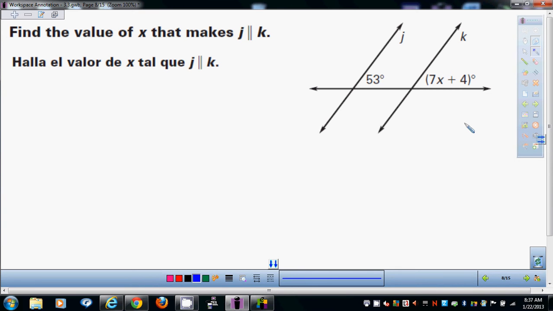Set them equal. Here we go, math time. 53 equals 7x plus 4. Exactly. Muy bien. There you go. 7.